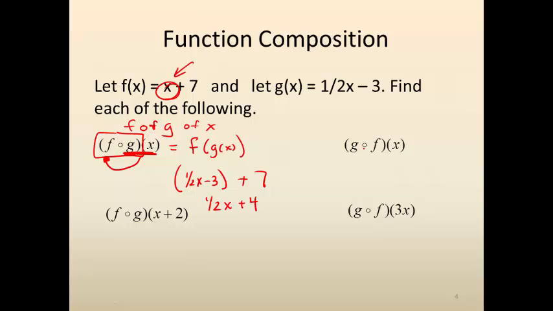G of f of x means take f of x and put it inside of the g function. So you're substituting in f of x, which means f of x goes inside of g. So I take that and I say, well, all right, 1/2, and then I reach the x part, so now I have to substitute in x plus 7 minus 3.